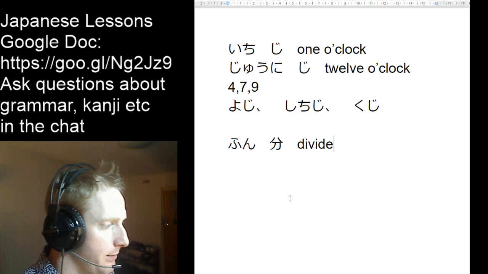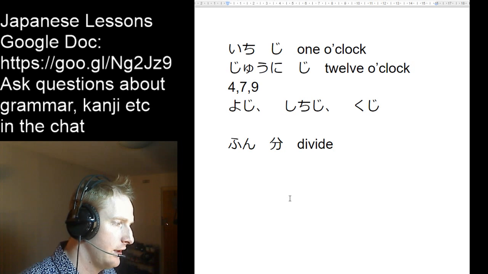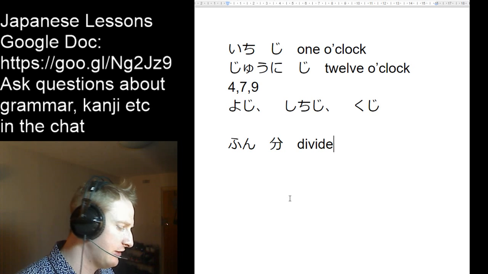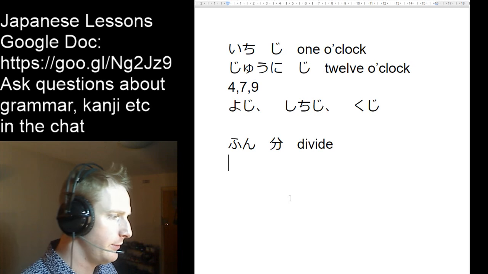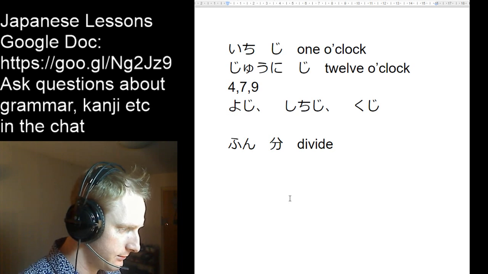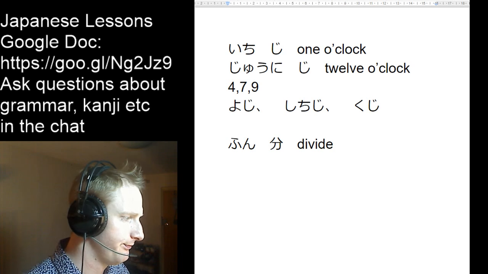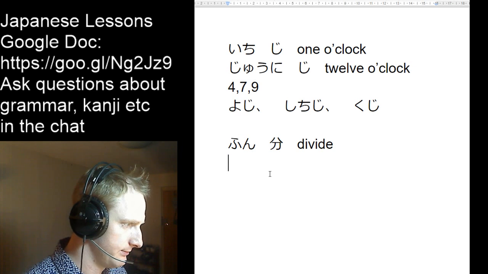Okay, but it's read as fun, and we'll see it's also read some other things. Now this one, the changing pronunciation is a little bit trickier. So like I said, normally we just add fun to the number to say minutes, but there are quite a lot of exceptions to this. And again, I'm just going to show you a table.